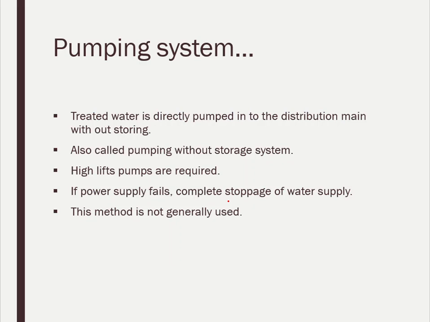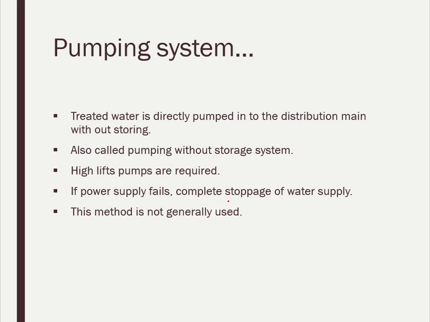Next method is the pumping system. The treated water is directly pumped into the distribution main without any storing. Where can we apply this? When you have a borewell, generally this is applied for smaller layouts where the borewell is the source of water.